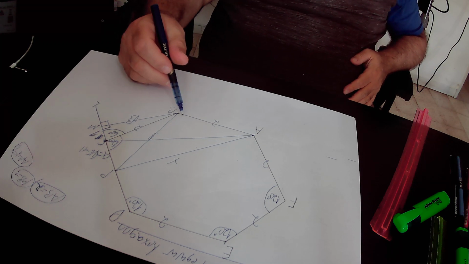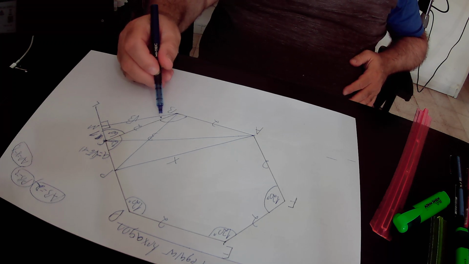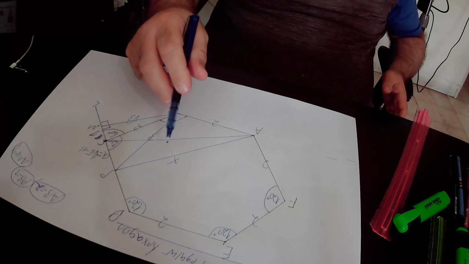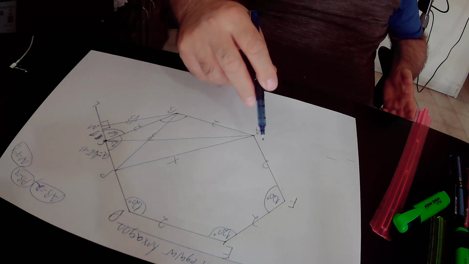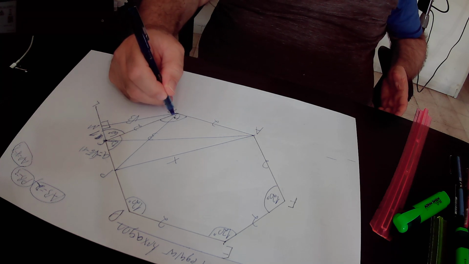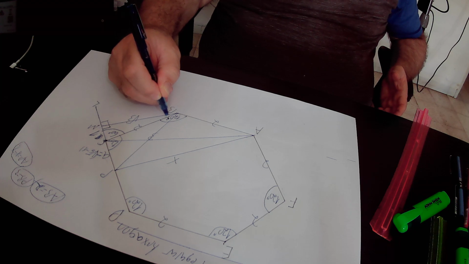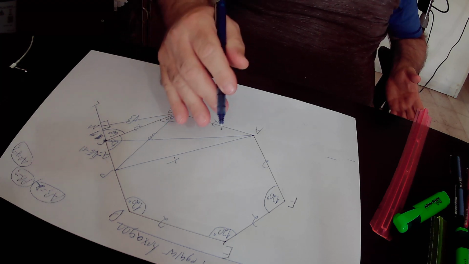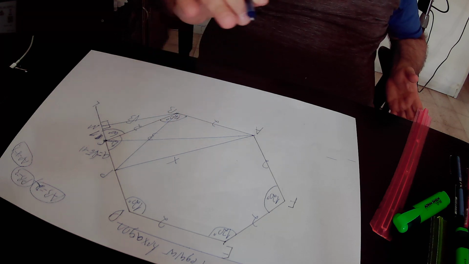Angle ABC, this angle is one of the 6 interior angles of the regular hexagon. Therefore, it is equal to 120 degrees because all the interior angles of this regular hexagon are equal to each other, and each of them is equal to 120 degrees.